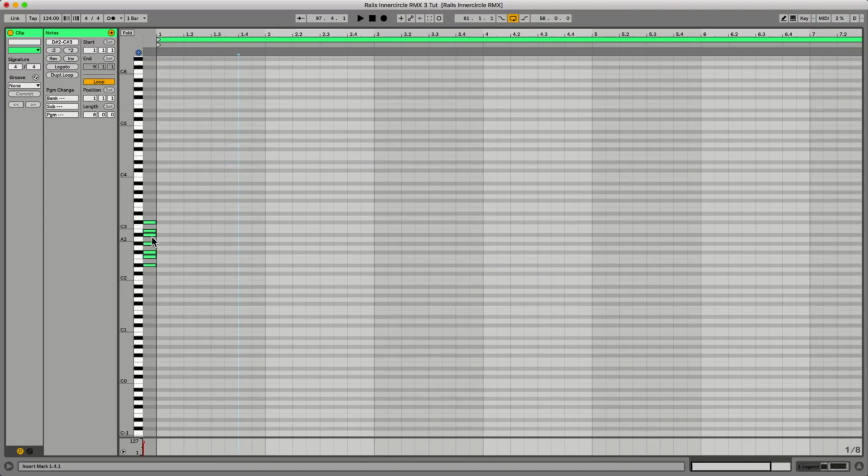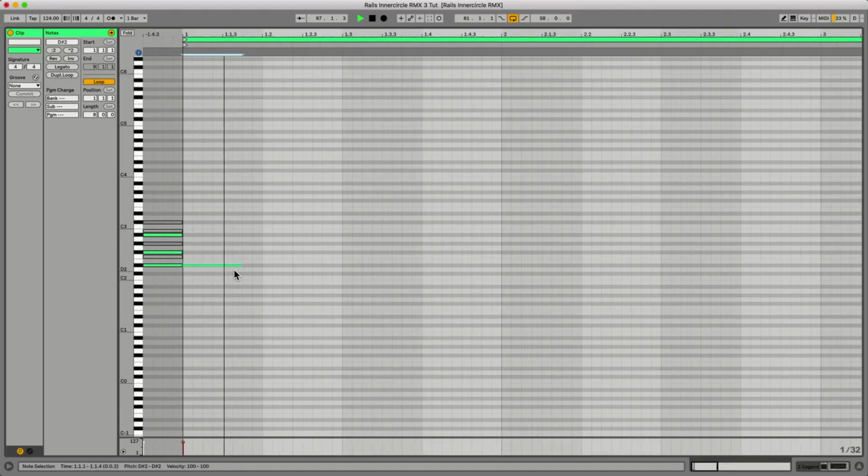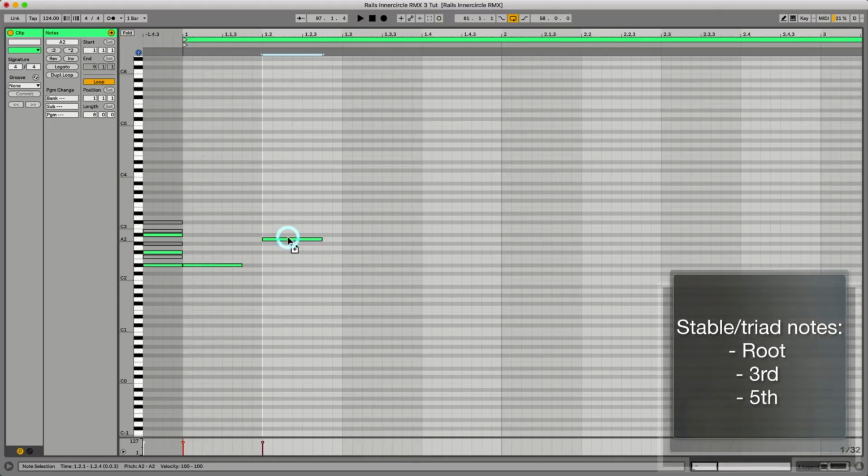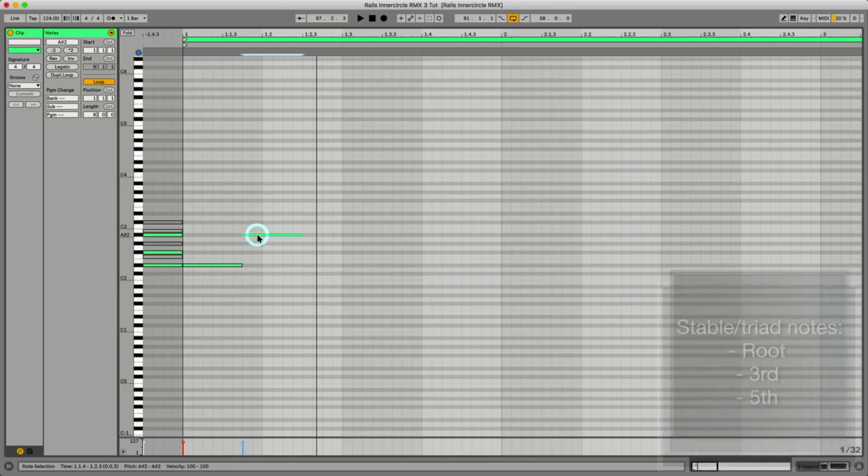And maybe also the most important notes, the stable notes we should always come back to, are the root, of course, the third, and the fifth here. So this would be the root, the fifth, and then we could go, for example, down.